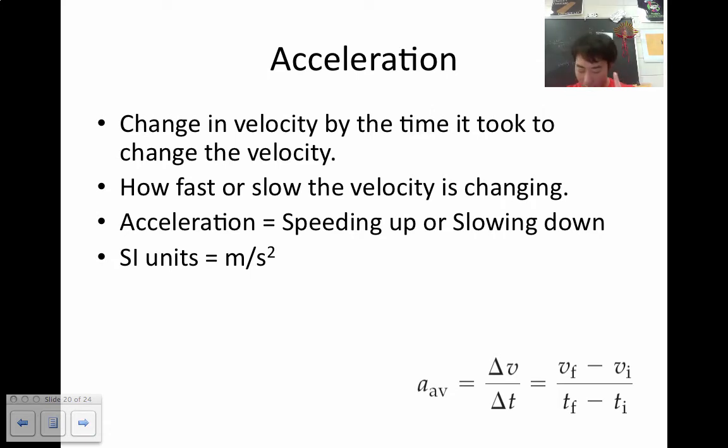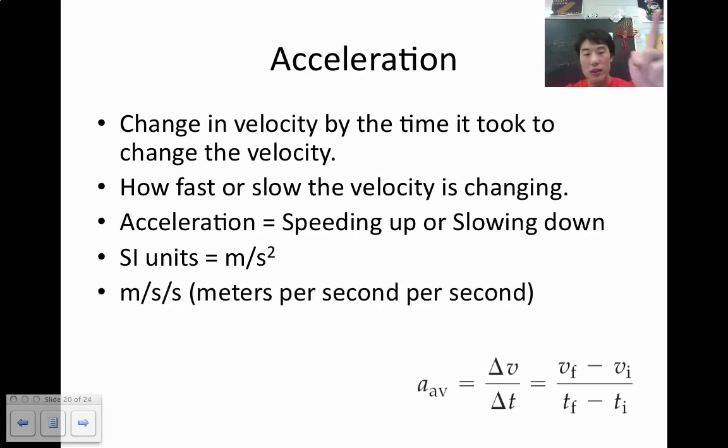Now, that is the official way to pronounce it, but I want to get in your heads that the definition of meters per second squared is meters per second per second. The reason why I want you to do this is because meters per second is a unit for velocity.